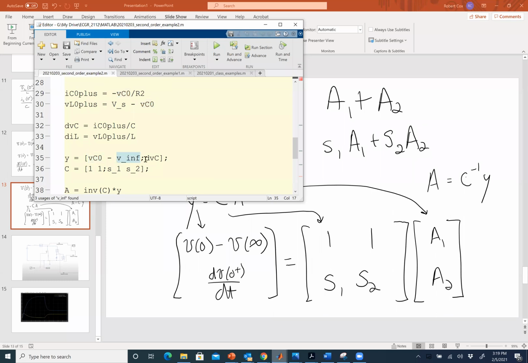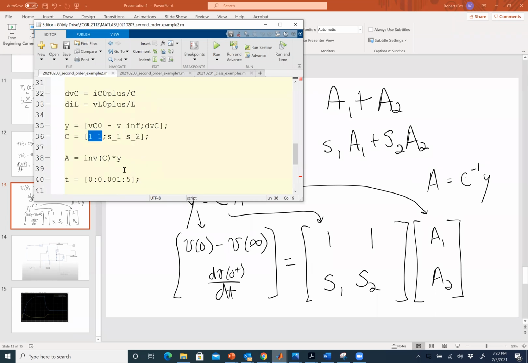That semicolon puts a new row in there. Then I do the same thing: 1, 1 is the first row, then a semicolon, S1, S2. And then I did inverse C times Y to get my A values.